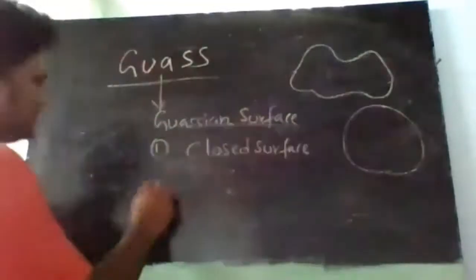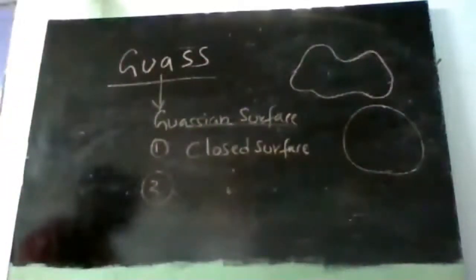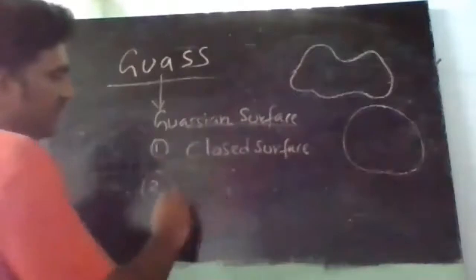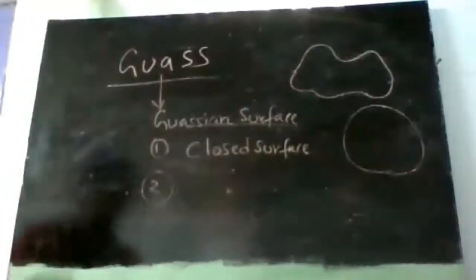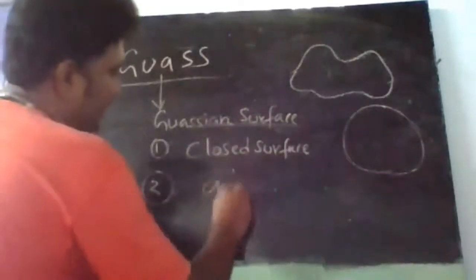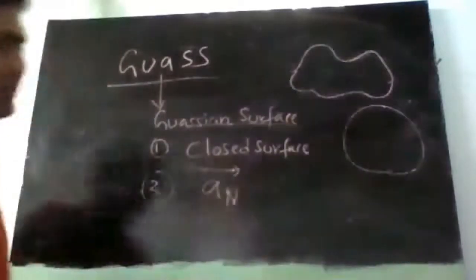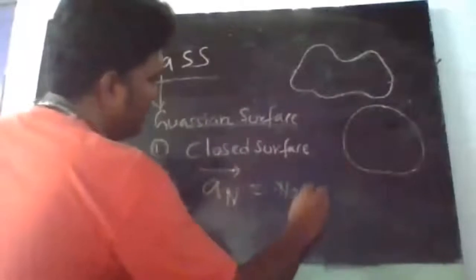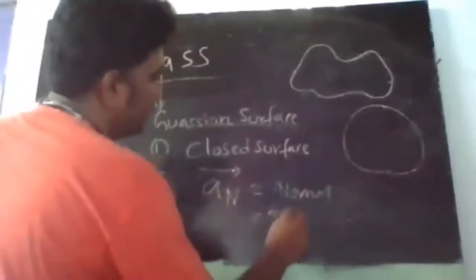The second and most important condition is that this closed surface should be such that the normal vector of this surface with the field will be either normal or tangential.